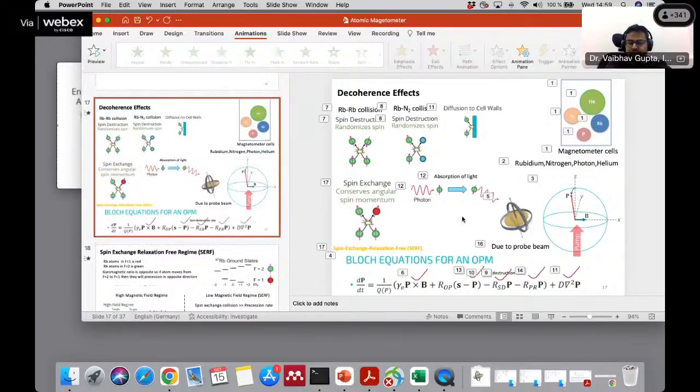I think there is a question here asking why the diffusion from the wall has a positive sign. This is when we have the total polarization of the ensemble, and we want to see how it changes with time. One is doing precession because of the magnetic field, and then there are some collisions.